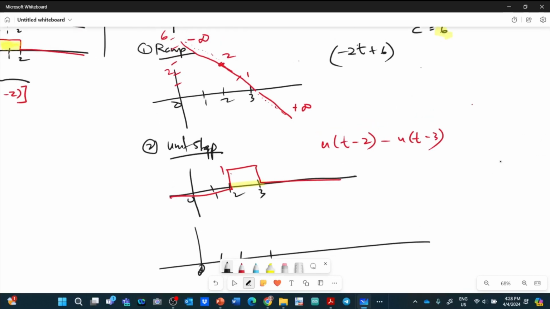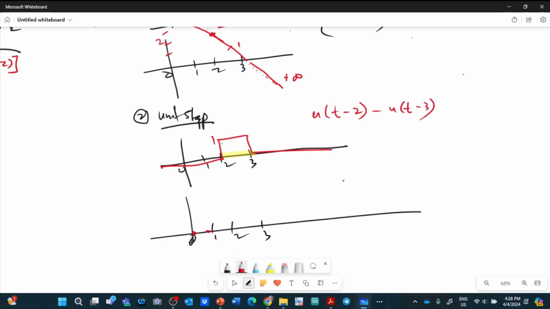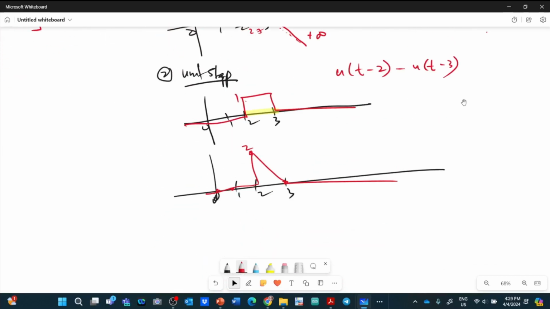Okay. 3 darab 0, 0. Kosong. Sebelum 2 tu semua kosong. 2 darab 1, 2. 1 darab 1, ini 1, ni 2. Okay. 1 pada 2.5 sebenarnya. Okay, pada yang ni kosong. Kosong darab kosong, kosong. So you get the answer like above. Sama. Okay, so dah proof.